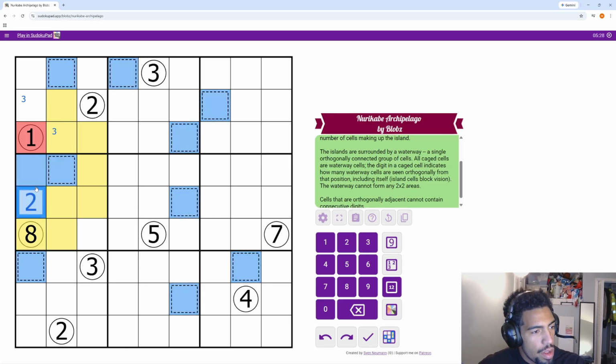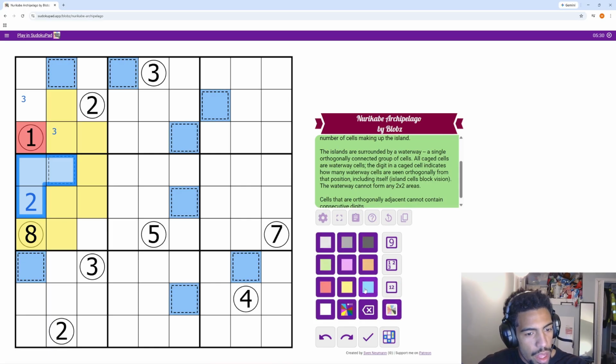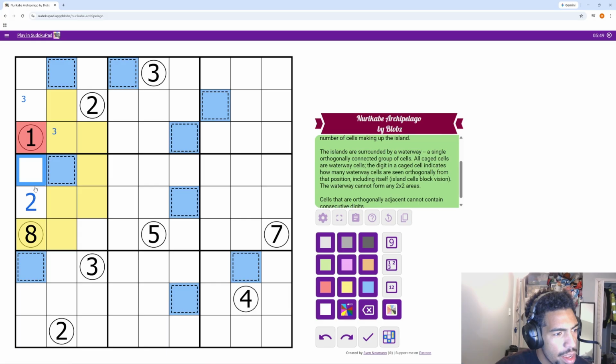Okay, so if it was just this, then what could these cells be? I'm pretty sure the whole grid has to be island or water. There can't be any white cells. So I don't think that this is possible.